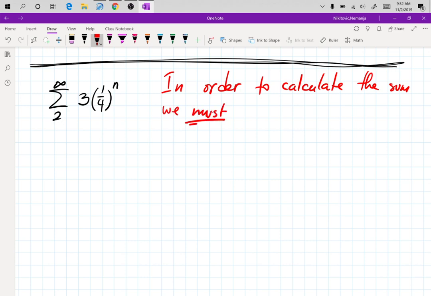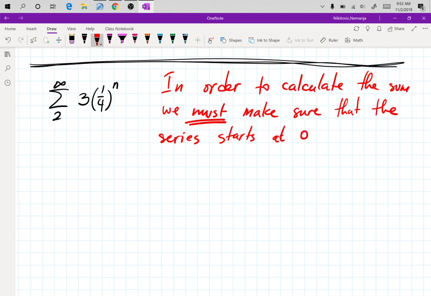we must make sure that the series starts at 0. And this one starts at 2.